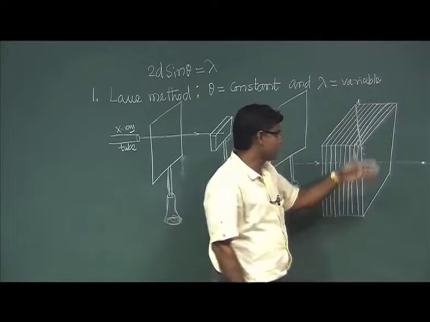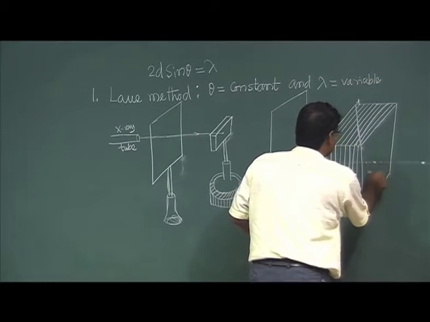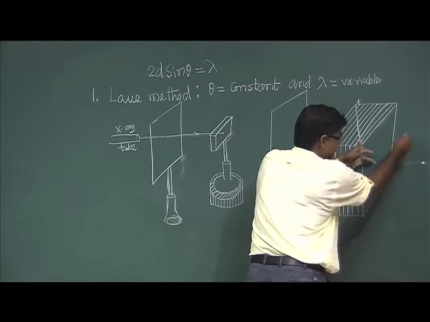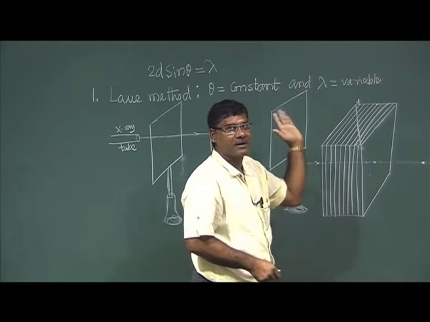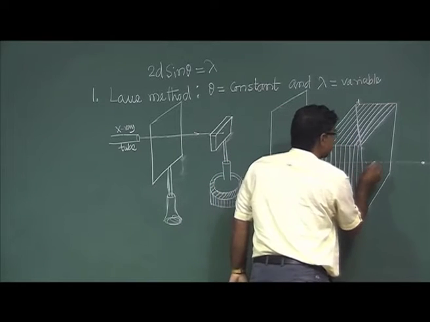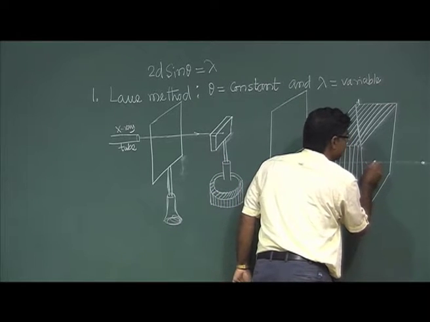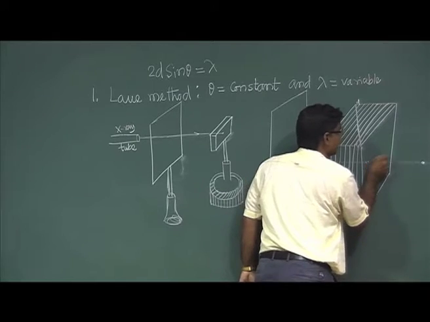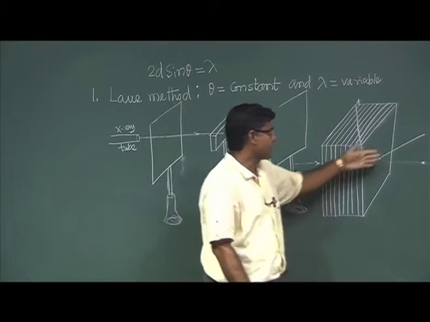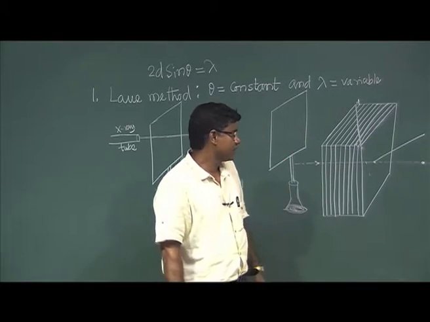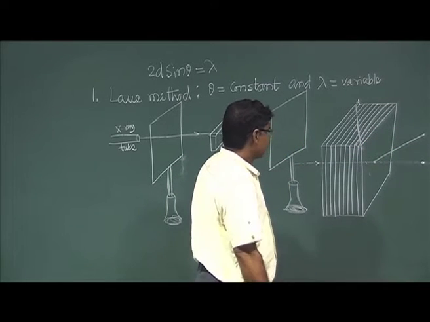So the reflected one will also be at angle theta. Either it can be this side or the other side, depending on the inclination of this plane. So let us say this will be one diffraction direction, the reflected light, one diffraction direction.